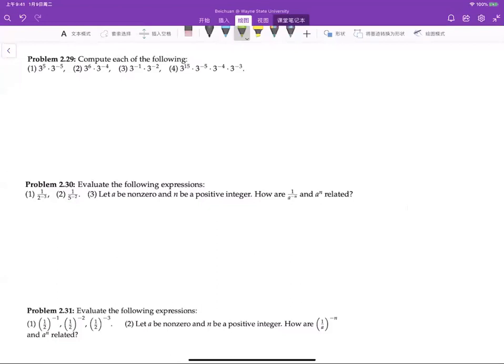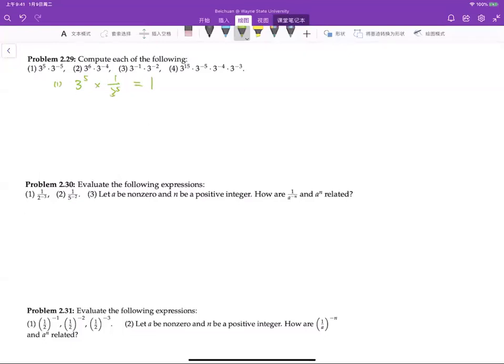Okay, so the first one is 3 to the 5th times 1/3 to the 5th, which is basically 1 because they cancel each other.